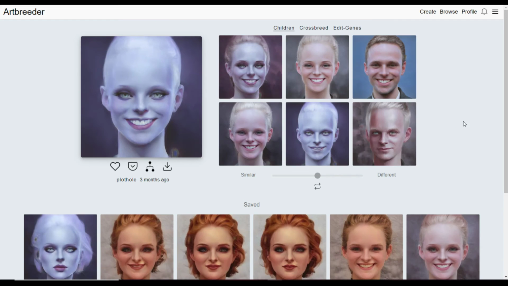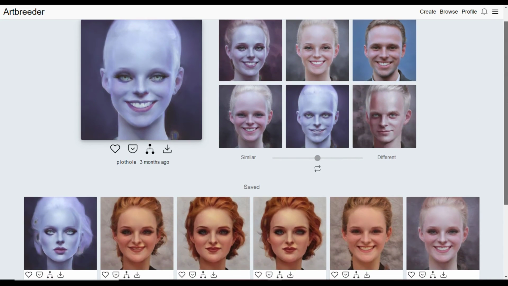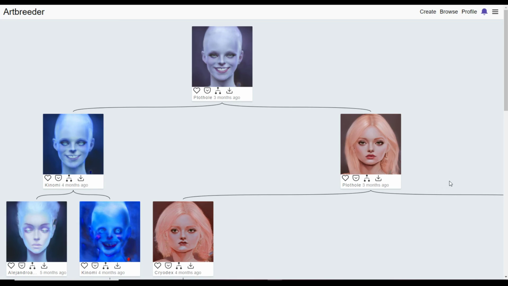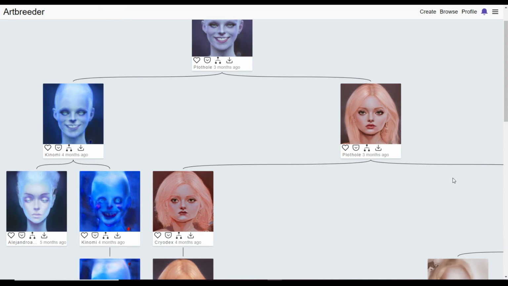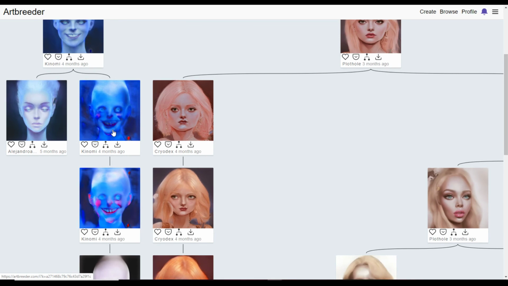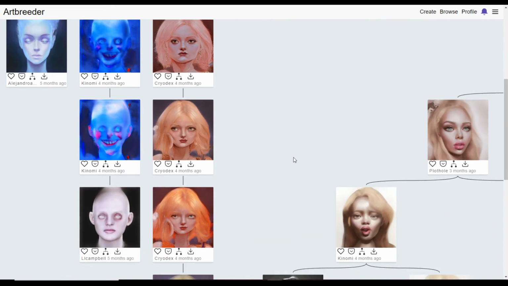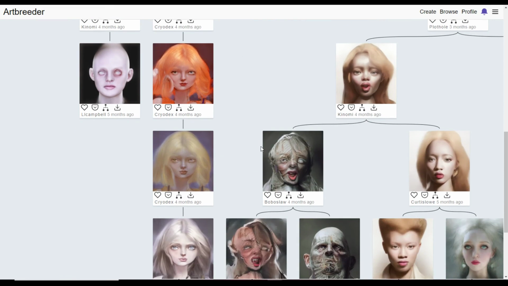Let's look at another genealogy. Oh, I pulled this one up earlier because I really like this one. I think it probably came from mostly a normal looking person. Yeah, from this one, that one. Oh, people did some crazy stuff. Oh, wow.